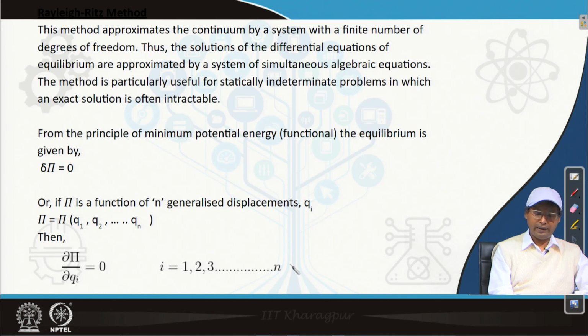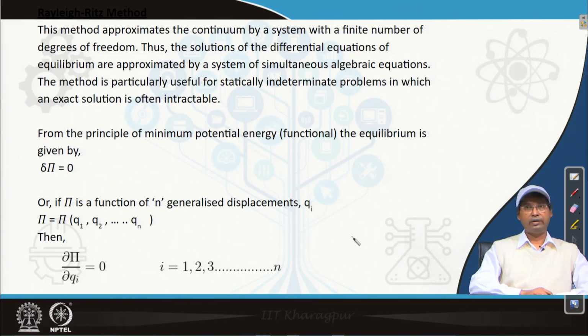So, we will get n simultaneous algebraic equations, and if we solve those n equations we can find some approximate solution, and we get benefited by this. So, let us move forward.